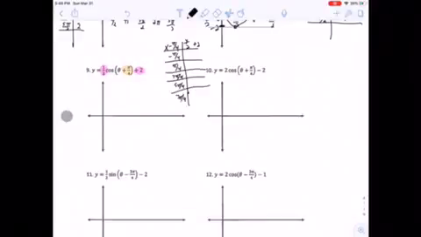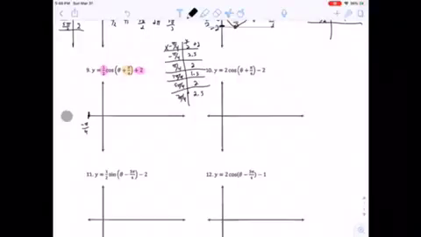Okay? So since cosine we're starting at 1, that's going to be at 2.5, and then at 0, then at negative 1, and then back the same way. So now set your scale.